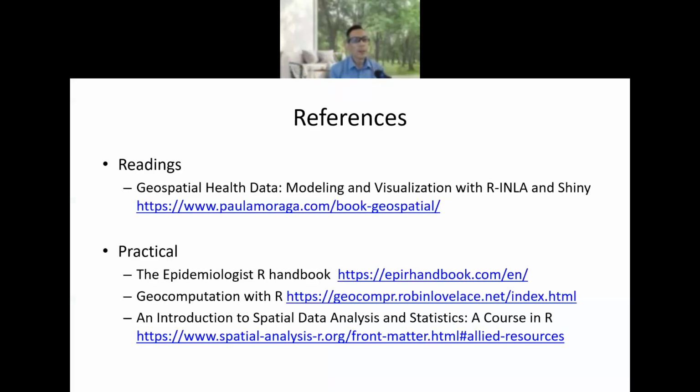So if you want to read more, you can go to Paula Moraga's website. There is a link for the open book, Geospatial Health Data: Modeling and Visualization with R-INLA and Shiny.